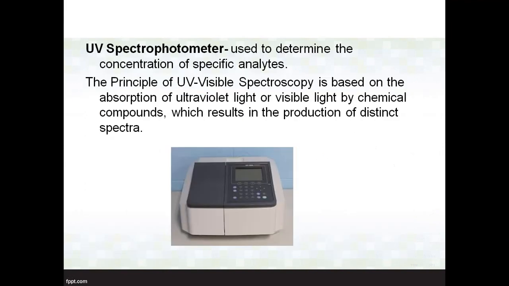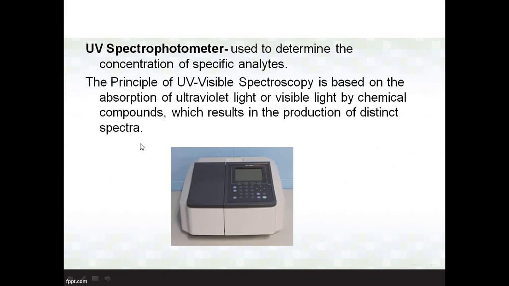The instrument which we would be using is the UV spectrophotometer. This instrument is used to determine the concentration of specific analytes. The principle of UV visible spectroscopy is based on the absorption of ultraviolet light or visible light by chemical compounds, which results in production of distinct spectra.